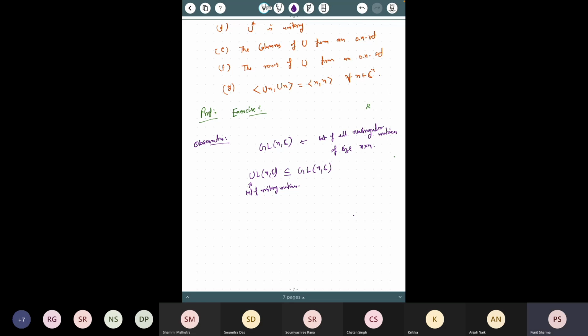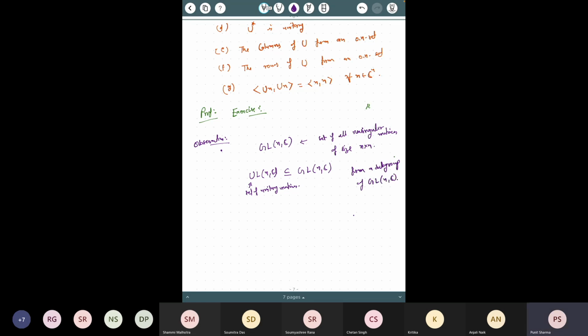If you look at GL_n(C) as a group, then this is a subgroup of it. This set of unitary matrices has a group structure on it under multiplication. So this forms a subgroup of this.